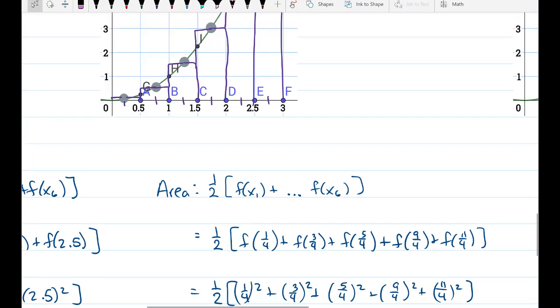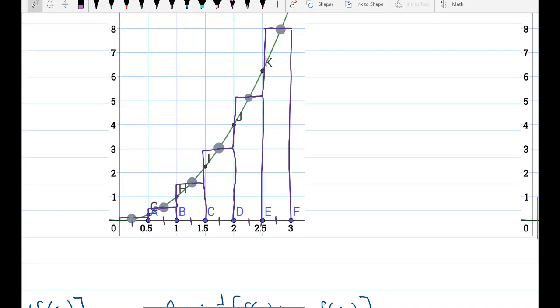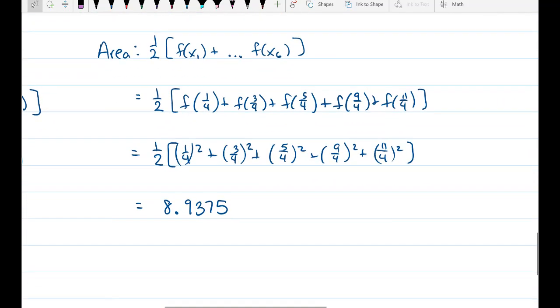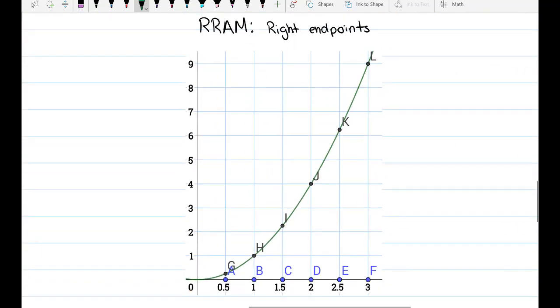Okay, now that's all worked out. Let's look at this area underneath the curve. Do you think it's an underestimate, overestimate, or a closer approximation of what the actual area is? So MRAM will actually get you closer than the LRAM.